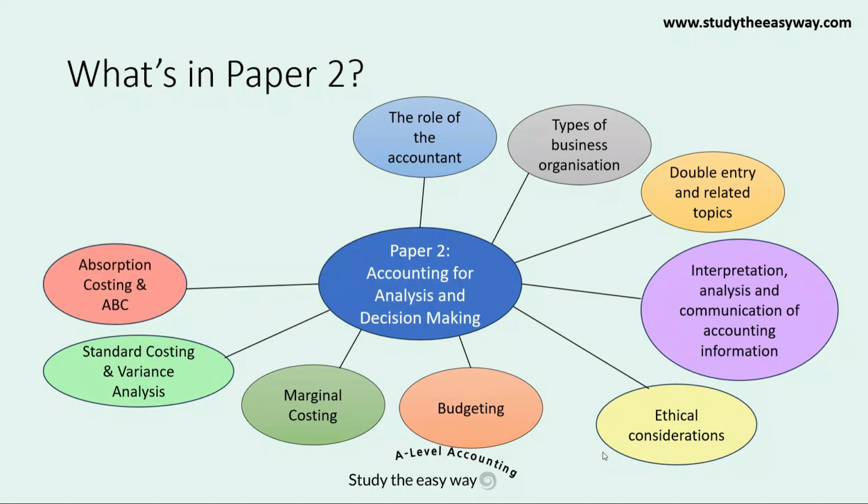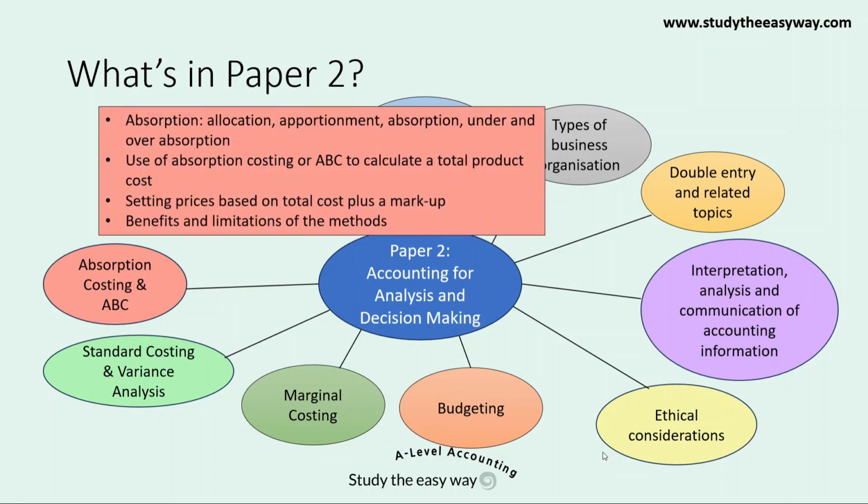The next section covers the two costing methods that share overhead costs between the products, absorption costing and activity-based costing. You need to be able to allocate, apportion and absorb overhead costs correctly in order to calculate a total absorption cost of a product.